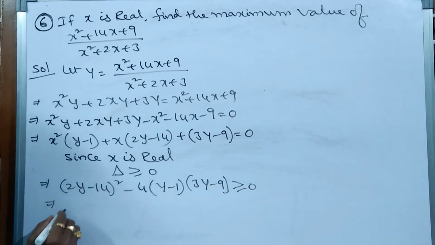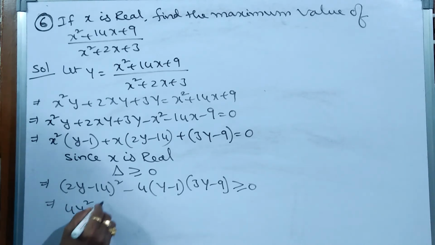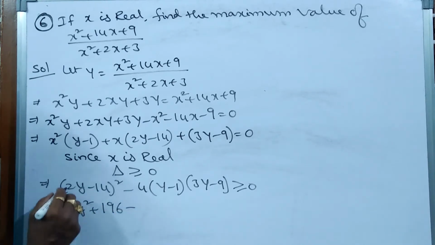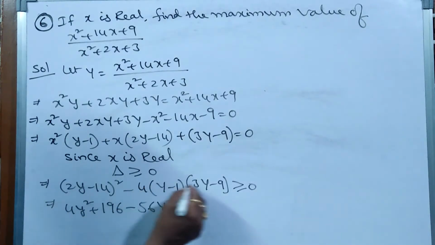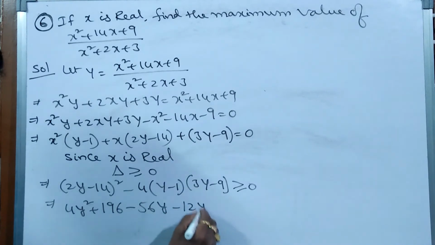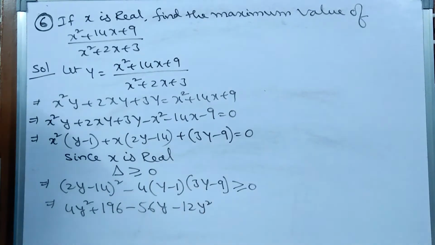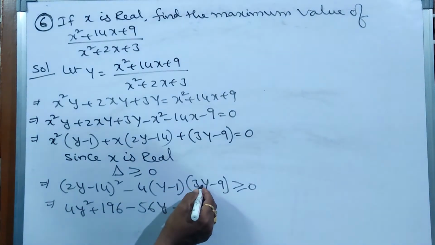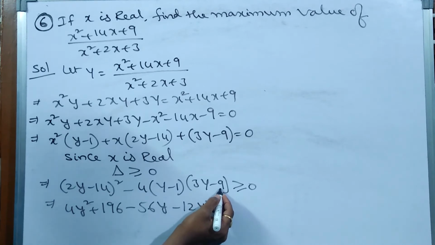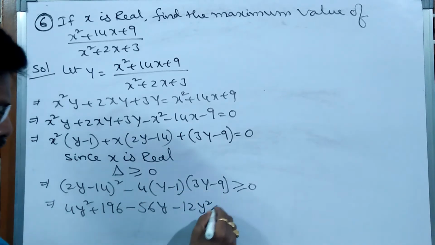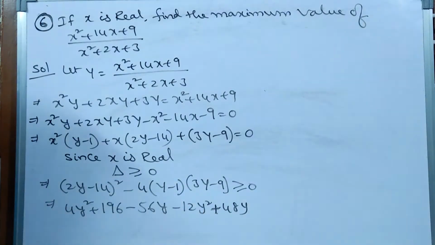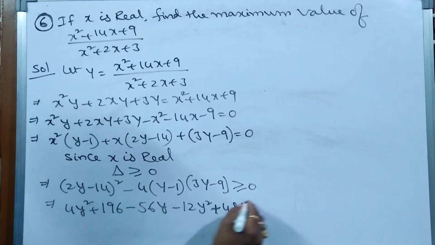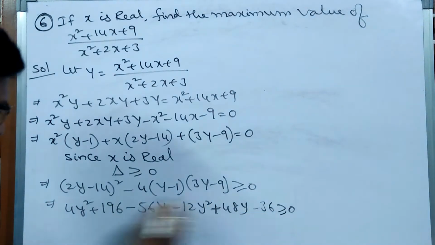This implies, expand this, what you are going to get: 4y square plus 196 minus 2 into 2, 4 into 14, 56y, minus 4 into 3y, 12y square, minus 3y minus 9y, minus 12y plus 48y, minus 12y into minus 1. Just I am expanding, nothing more than that. 9 into 1, 9 minus 36 greater than or equal to 0.